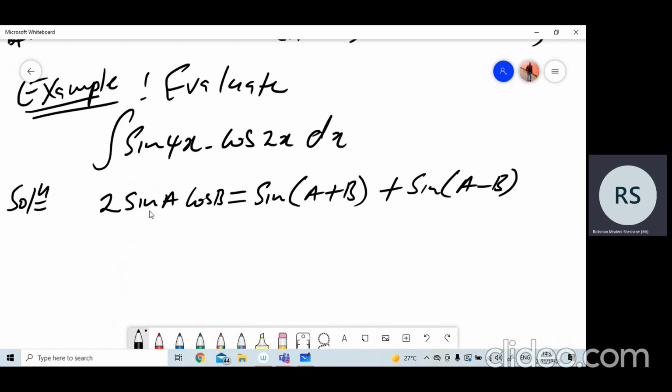But before transforming this into the sum, you need to have this 2 because this identity has a 2. So what you do here, you introduce 2 here.